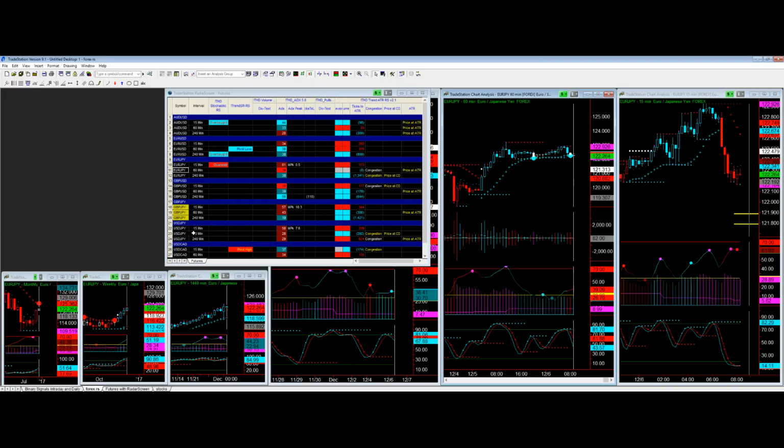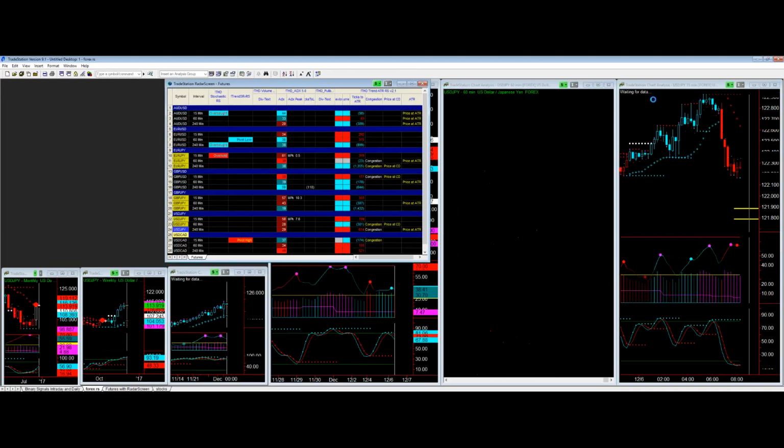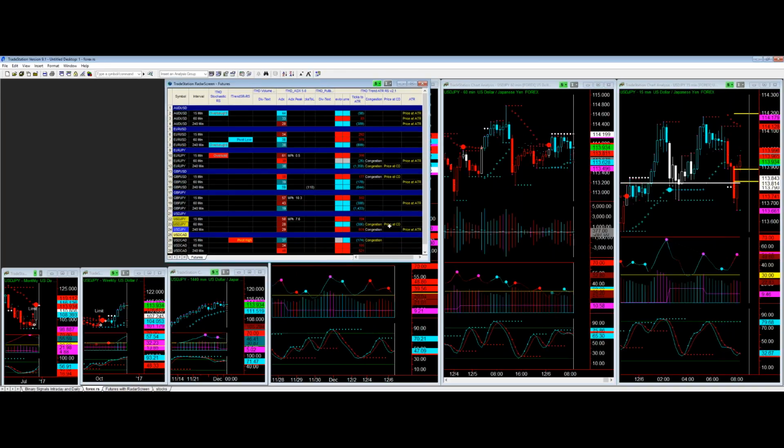Let me see if the USD JPY has a better example on it. It's also on the 60-minute. Do you see how you have this line of white dots? At the same time that we have this plus sign, that's a market that is in congestion.